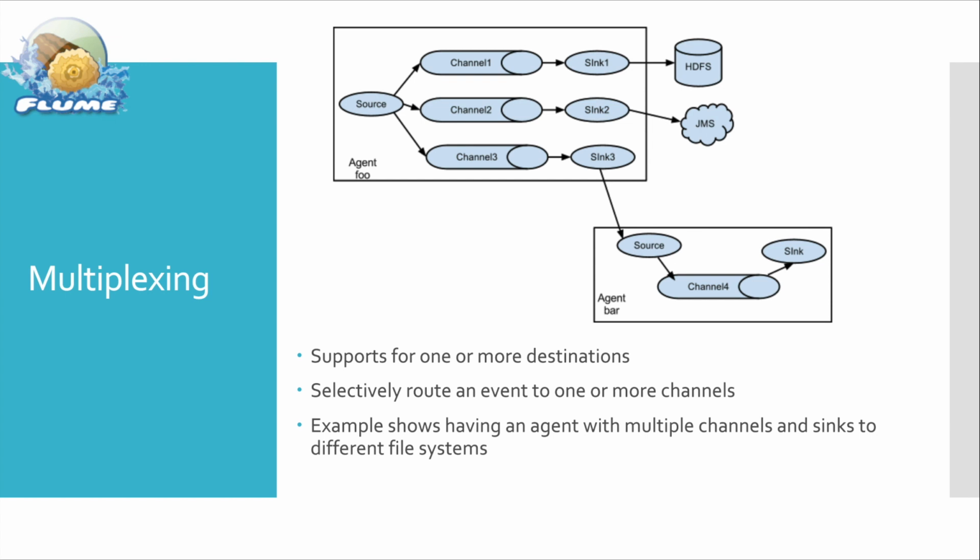So for the first example at the top, you have one source, so one web server that feeds the data into different buffers, and you have different additional sinks because the sinks will distribute the data in different file systems. So it can be HDFS or JMS or any other file system that you wish to put this in. And also each of these large agents has their own agents within it.